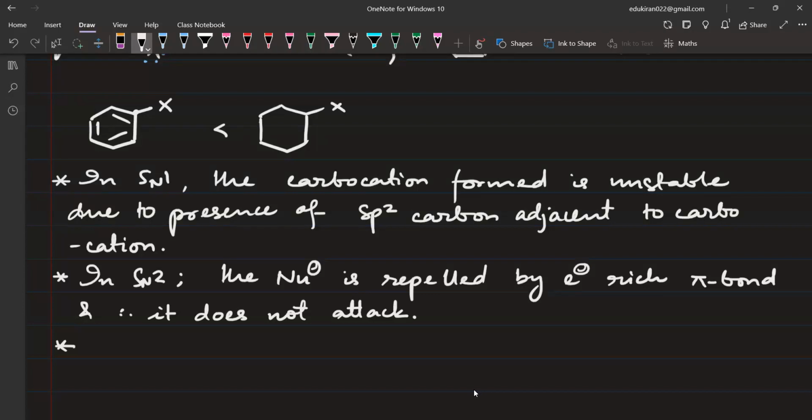Also, now this, the last reason you can write it for both the cases, SN1 के लिए भी, SN2 के लिए भी.